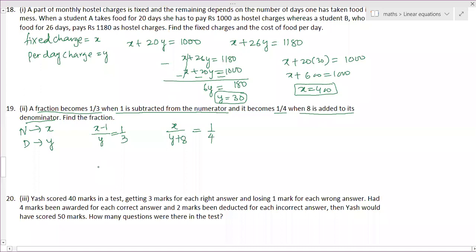The fraction is 5 by 12. Let me check. Ma'am, I got 5 by 12 as the fraction. Me too, ma'am. Yes, 5 by 12 is the answer. Next question.